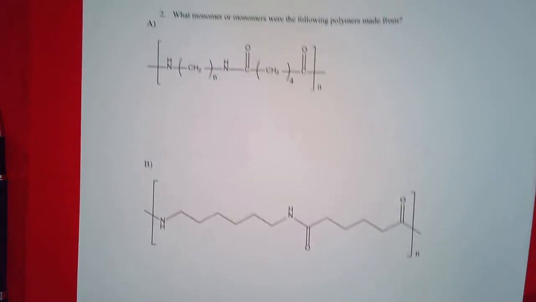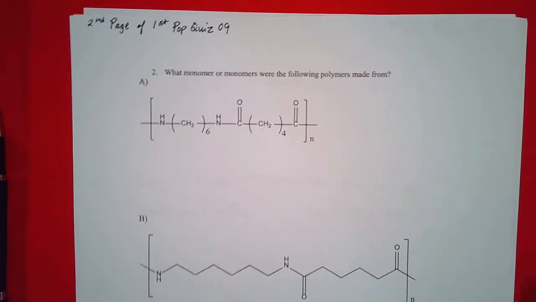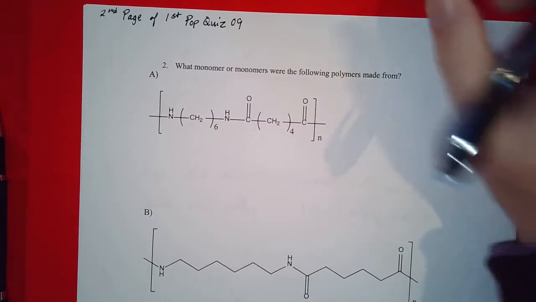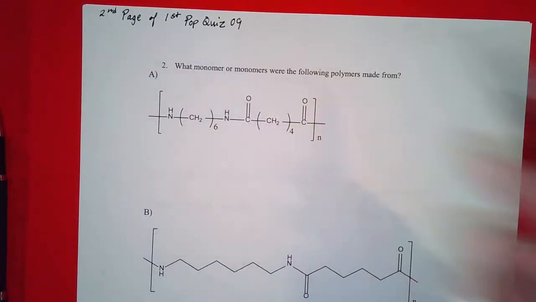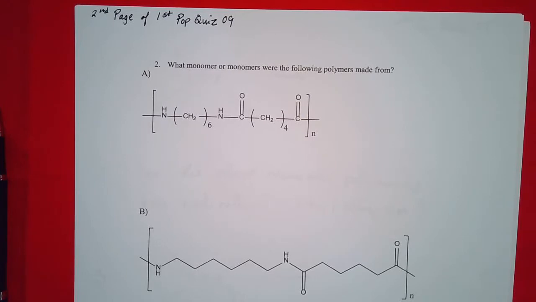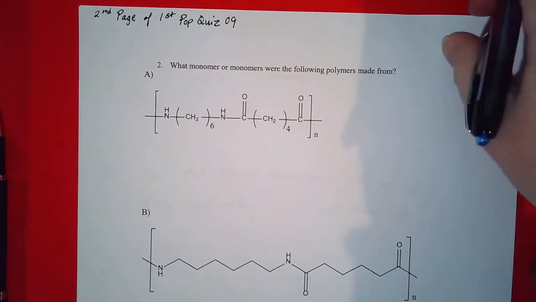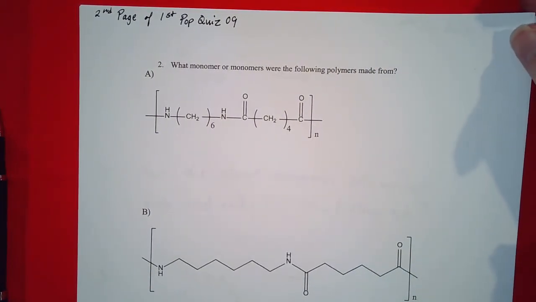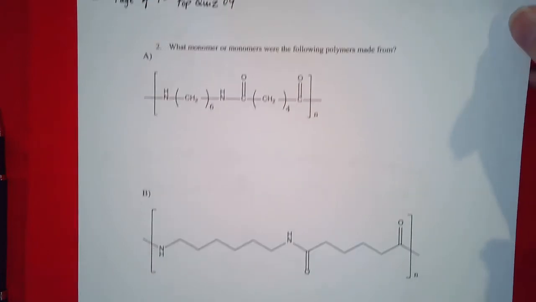And here is the second page of the first pop quiz, number 9. Okay, and here this is also an old exam question. What monomer or monomers were the following polymers made from?